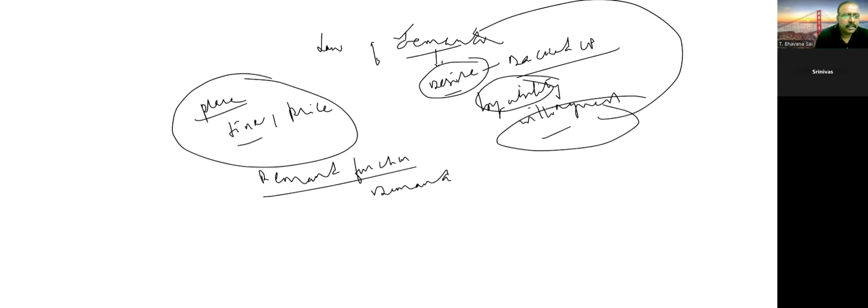Demand for a product and its price is called the demand function. I can write the demand function like this: demand for commodity N is a function of the price of commodity N. If I write like this, it comes under demand function.